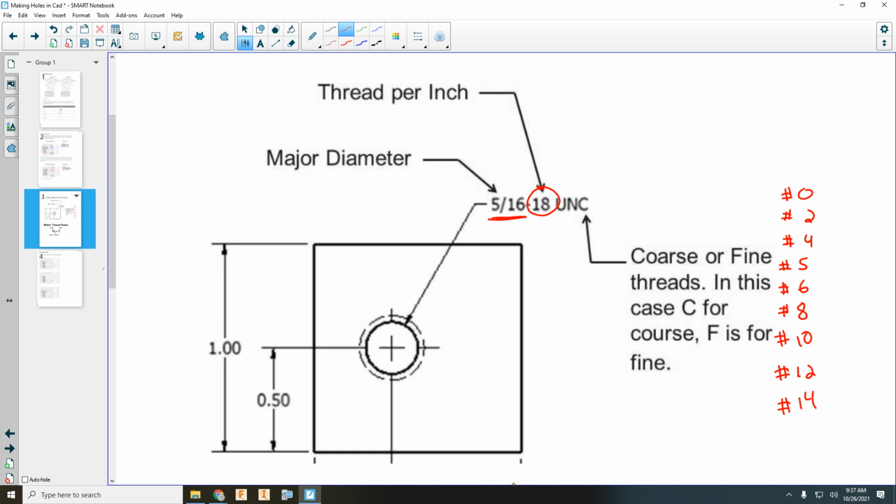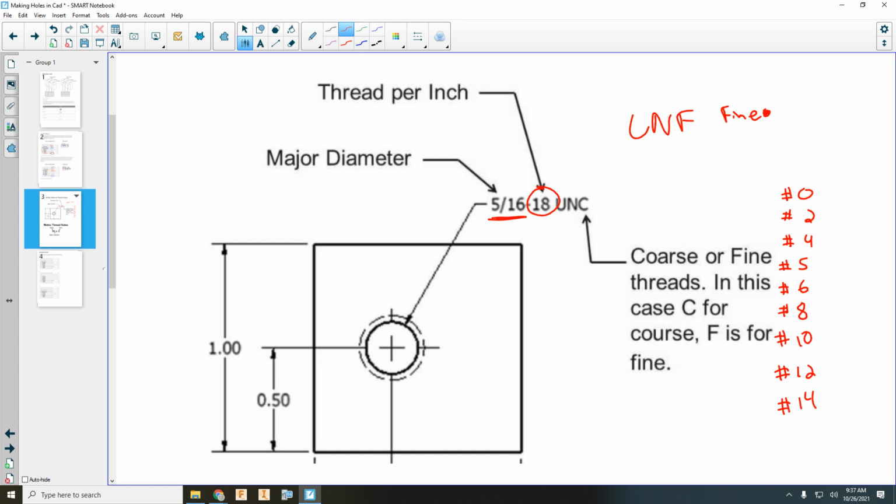And then there are, this is an example. UNC is coarse threads. UNF is fine threads. So I don't know what the fine thread would be for a 5/16.